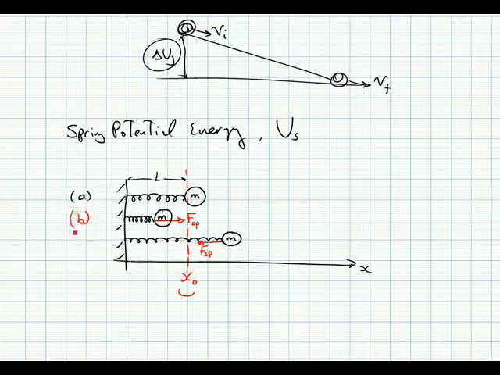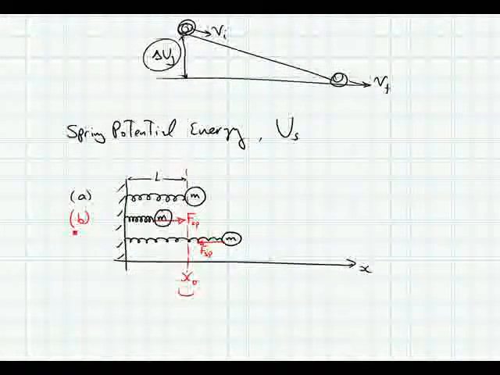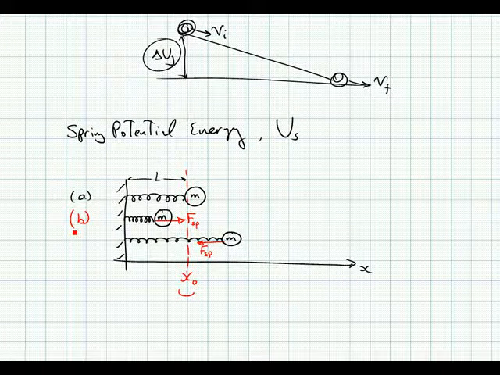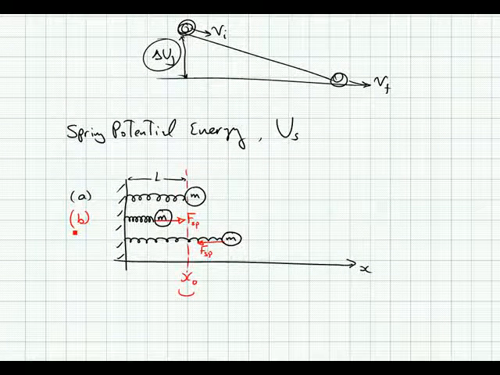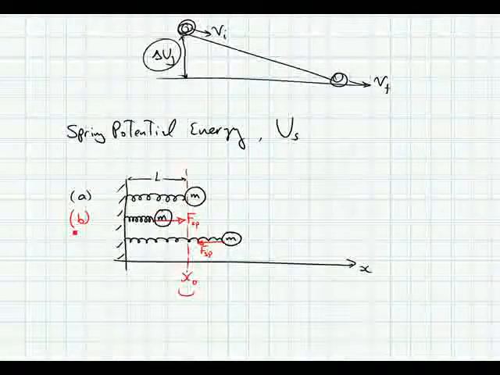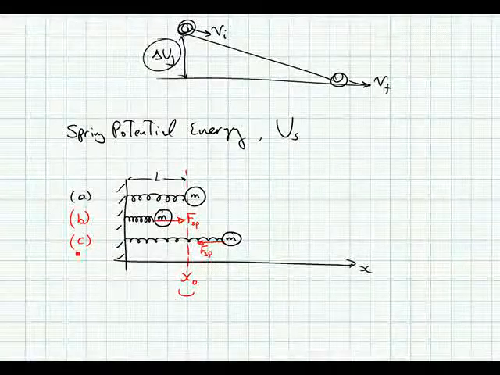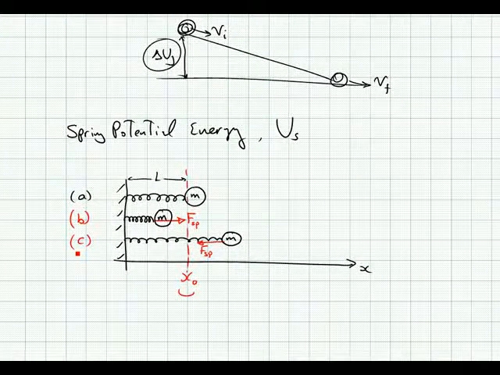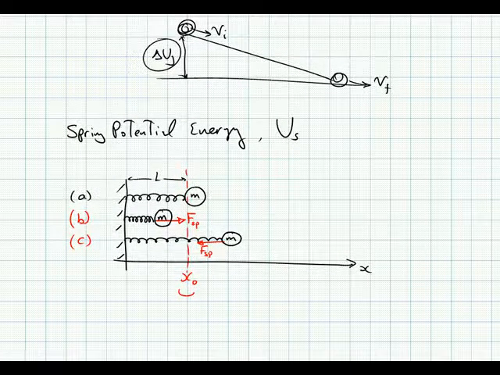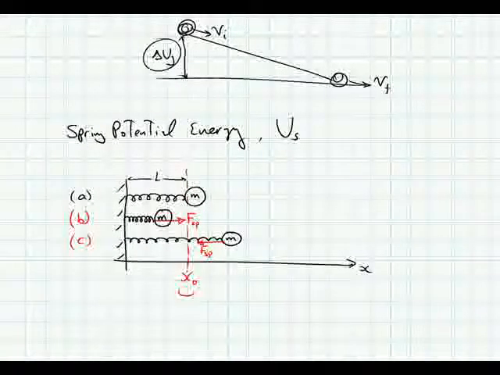In scenario B, when the spring is compressed, there exists a spring force on our object which points in the positive x direction, once again towards the equilibrium position. And in scenario C, when the spring is stretched, then Fsp switches sign and points in the negative x direction.